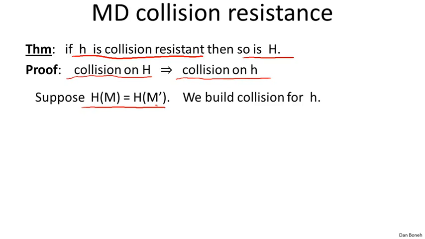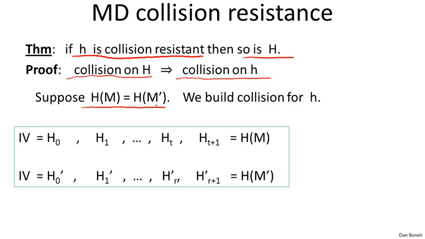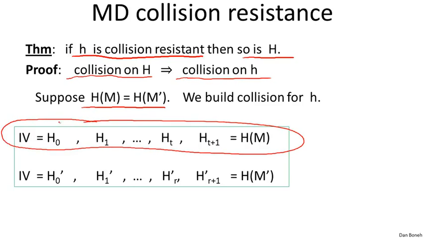So the first thing is we have to remember how the Merkle-Damgard construction works, and in particular, let's assign names to the chaining variables when we hash m versus when we hash m prime. So here are the chaining variables that come up when we hash the message capital M. So H0 is the fixed IV that starts the whole process.